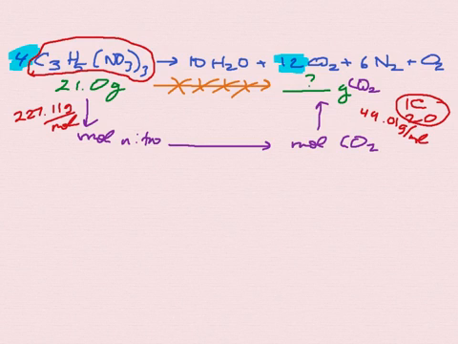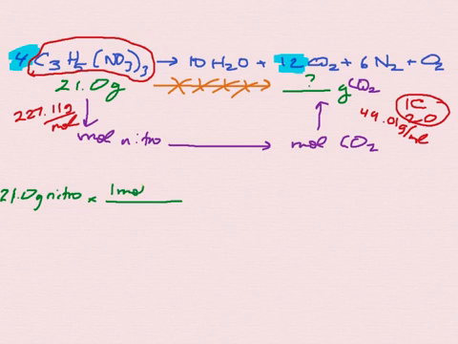Now all the intro work is done. Now you need to organize and you need to write the equation properly. So here we go. 21 grams of nitro. I'm going to write nitro instead of the whole chemical formula because it's too long and I don't have enough room. If I want to change from grams of nitro into moles of nitro, the molar mass states I need 227 grams for 1 mole.